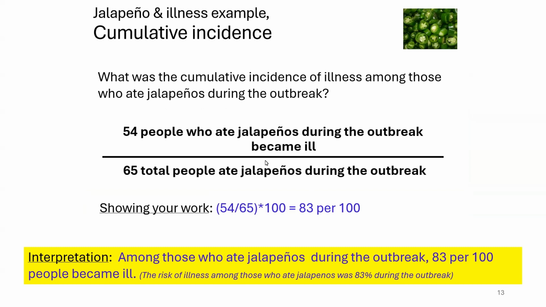So our cumulative incidence is thus 54 over 65, or 83 per 100, or 83%. So we interpret this as among those who ate jalapenos during this particular outbreak, 83 per 100 became ill, or 83%. The risk of illness of those who ate jalapenos was 83%.